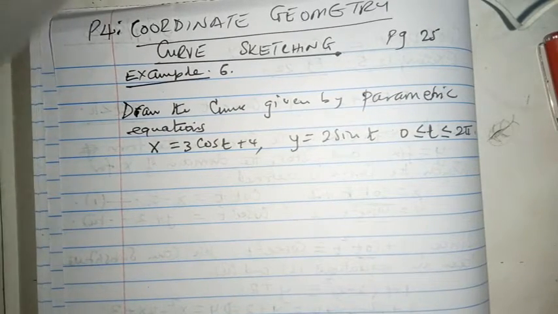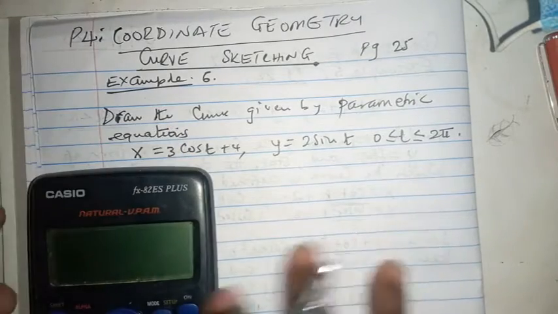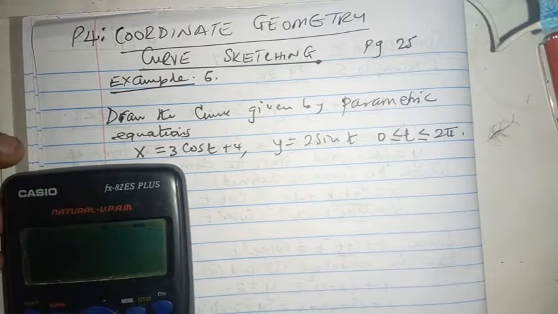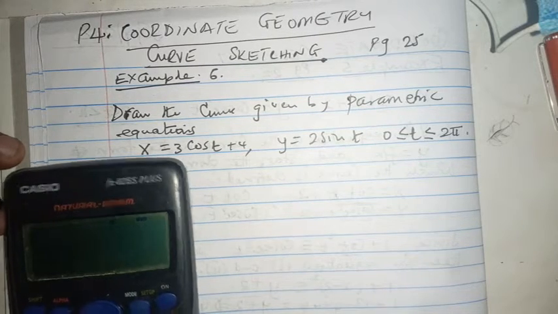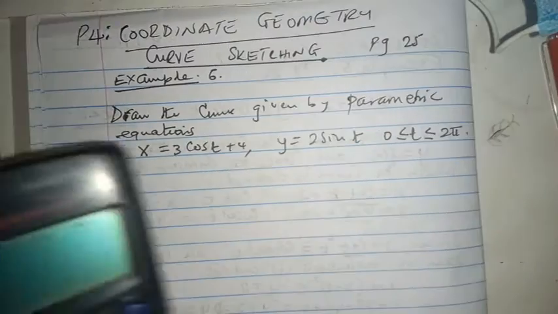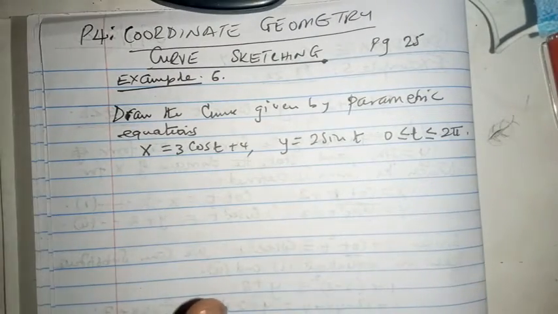When we are talking of radians, it is important to have the table of values throughout so that we can sketch these curves comfortably.